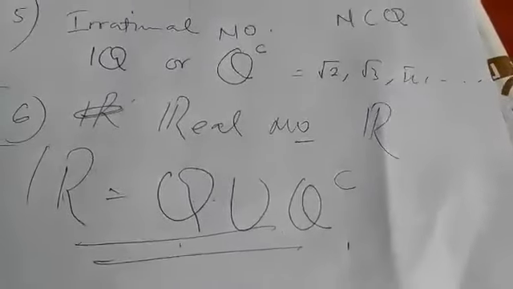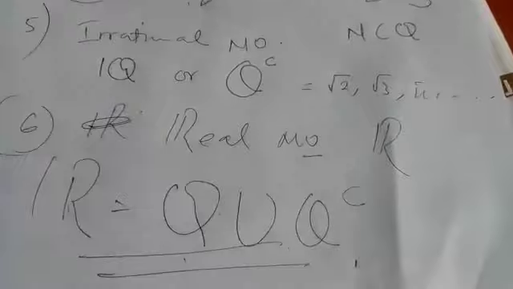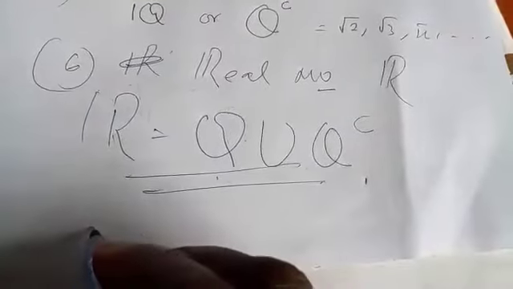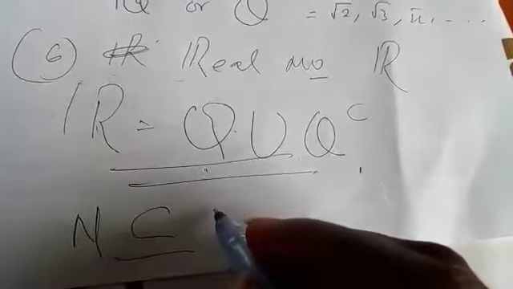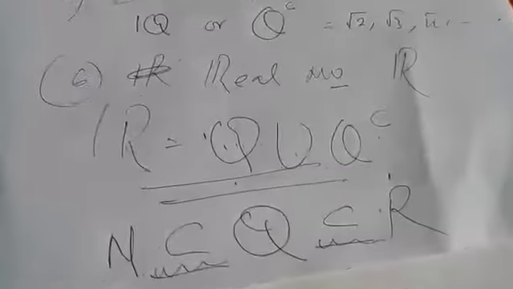So real numbers comprise all of them. In fact, I can categorically say that natural numbers are a subset of rational numbers, and rational numbers are a subset of real numbers. And we know that the real numbers are a union of rational and irrational.